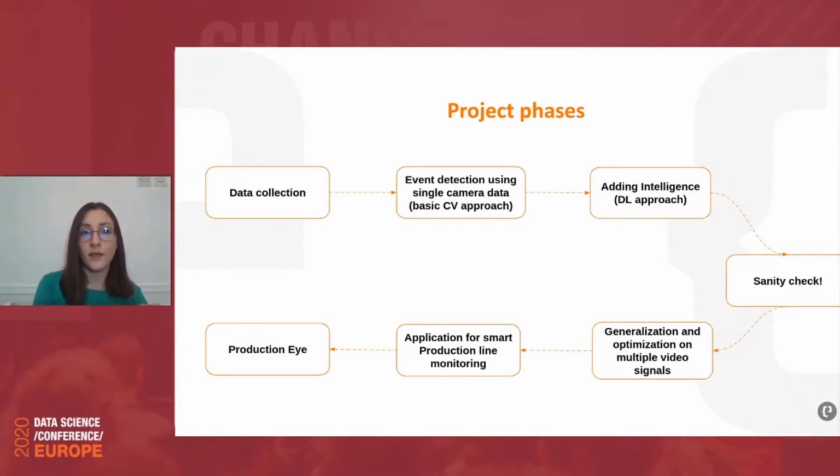Of course, we had to have our sanity check phase. Afterwards, we moved on to generalization and optimization on multiple video signals. Now we have to build application for smart production line monitoring and combine all this into our Production Eye intelligent system.